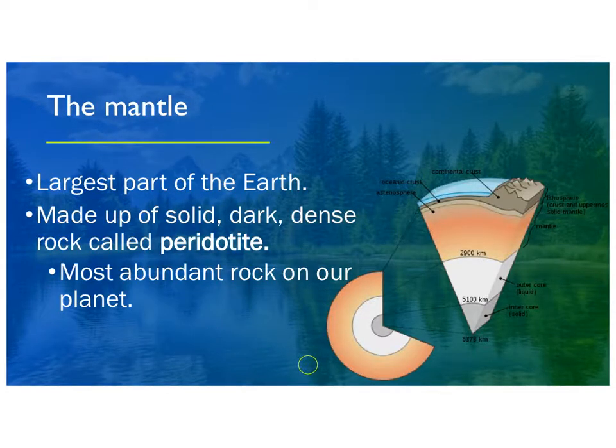All right, so now we're up to the mantle, the largest part of the Earth, right? Rich in peridotite, and while it's very thick, there's really not a lot of activity that we're going to focus on in the mantle. The most important part is that you understand that it sits below the crust, that the uppermost part of the mantle is called the asthenosphere.